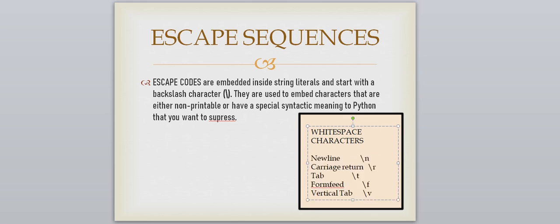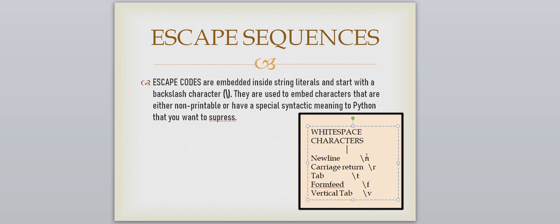These are white space characters. Like the first one, let us discuss them. New line, \n. Now, we can see in the definition of escape sequences that they start with the backslash character. That is why this is an escape sequence.